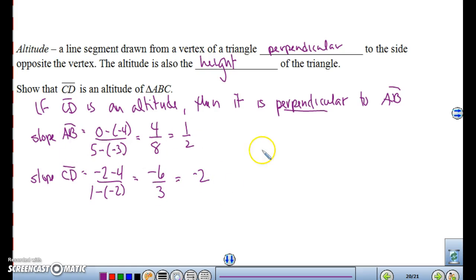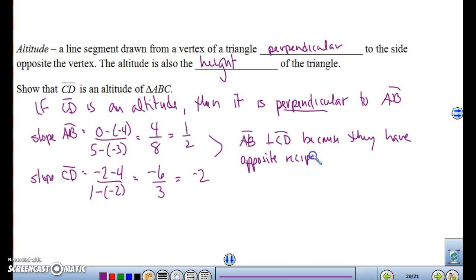So is AB perpendicular to CD? Yes, it is. AB is perpendicular to CD because they have opposite reciprocal slopes. You write that down. And that makes CD an altitude to AB.